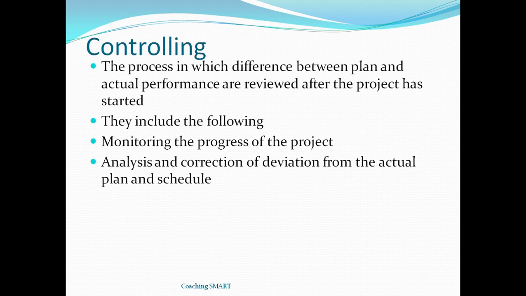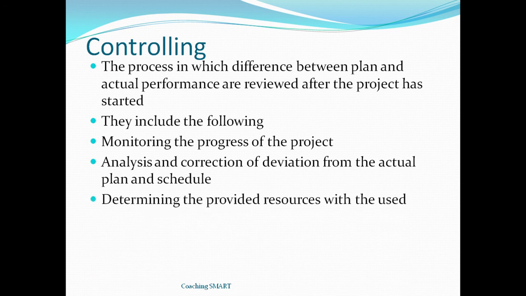So when you do analysis and correction of deviation from the actual plan and scheduling, we say you are doing a control mechanism. Then determining the provident resources with the use.